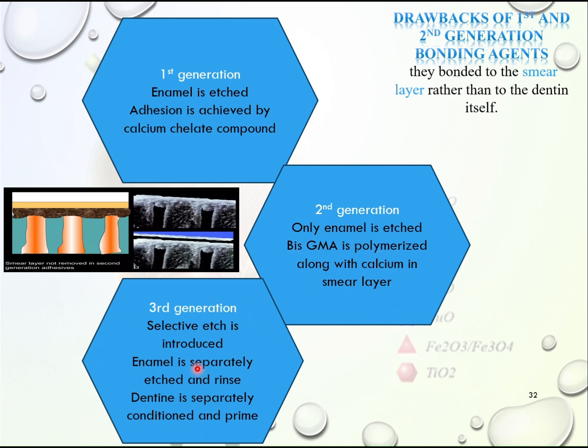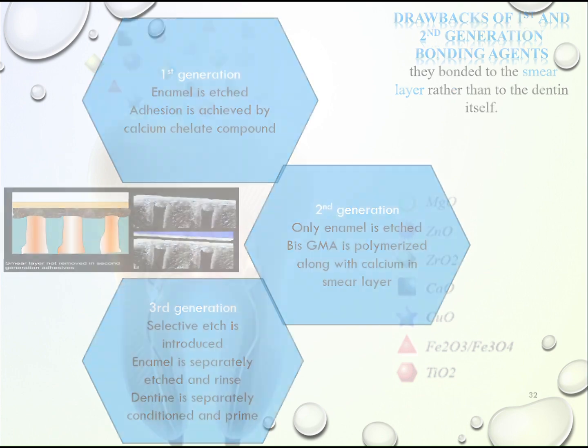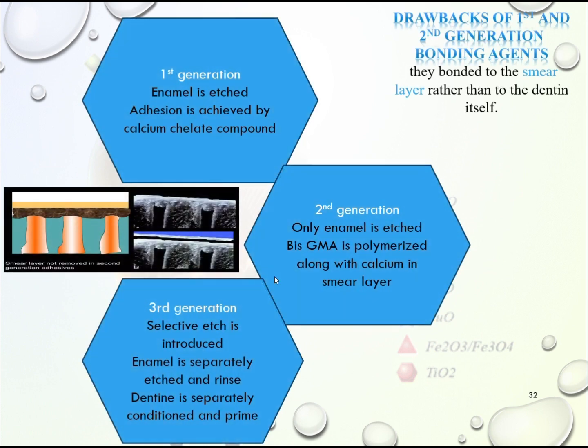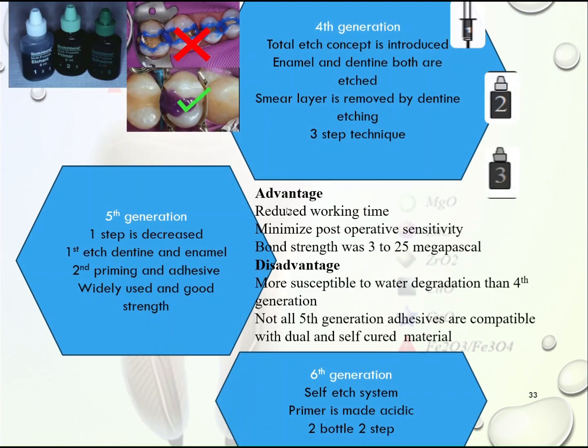Then in the 3rd generation, they said that enamel as well as dentin should be etched separately. Then in the 4th generation, they said both enamel and dentin can be etched together. There is no need of etching them separately.